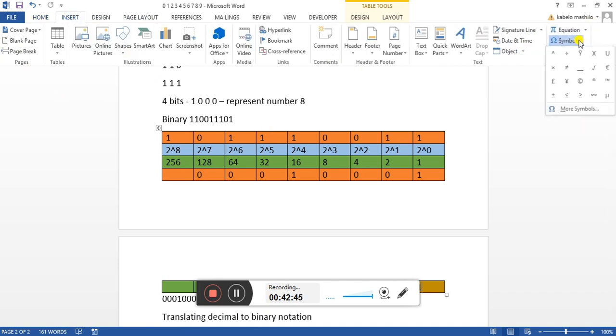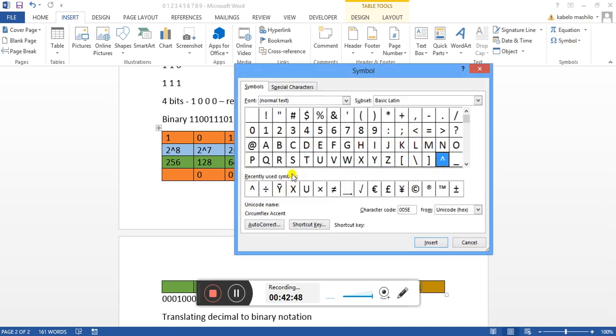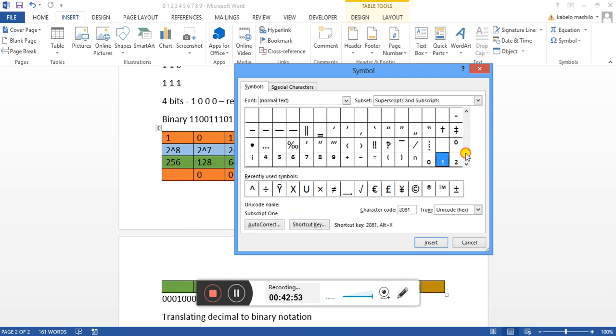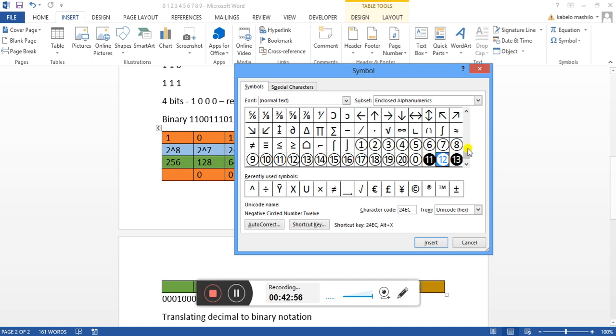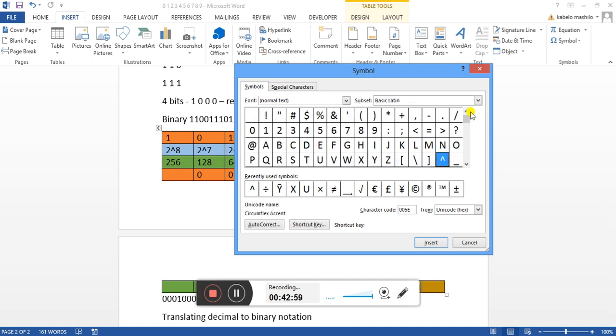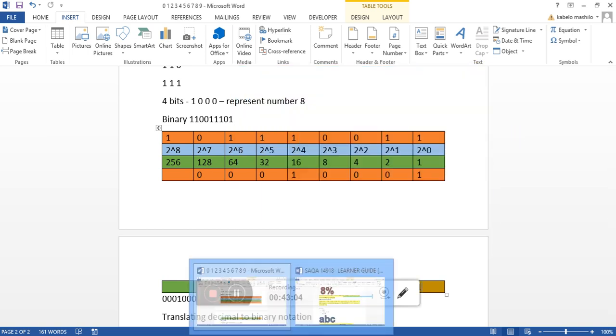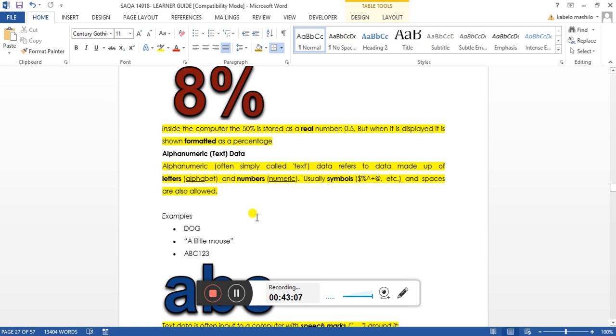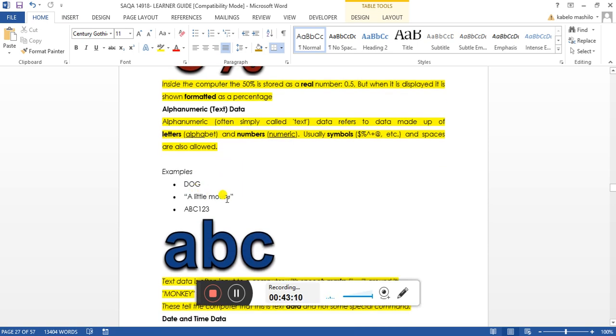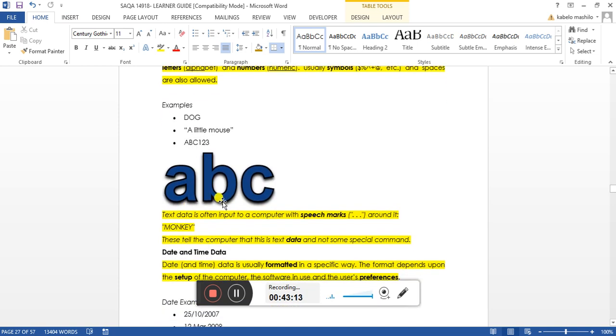We've got plenty of symbols, so you could just go through them on your own and familiarize yourself with them. Going back to our slide, examples are dog, mouse, ABC, etc. Text data is often input to a computer with speech marks around it. These tell the computer that this is text data and not a special command.